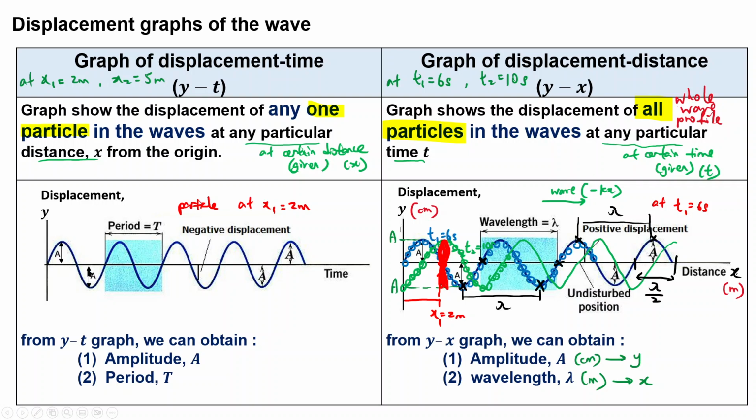This is the story only for the particle at x1. It is not the story for the other particles. It doesn't care about the other particles. Understand? This is the history of only the x1 particle, how it oscillates over time.